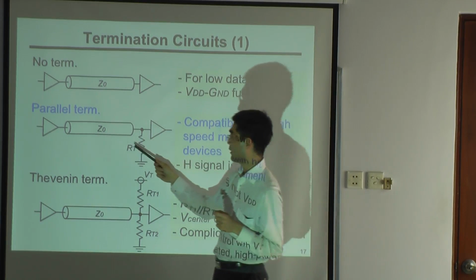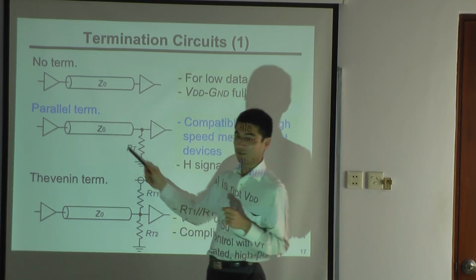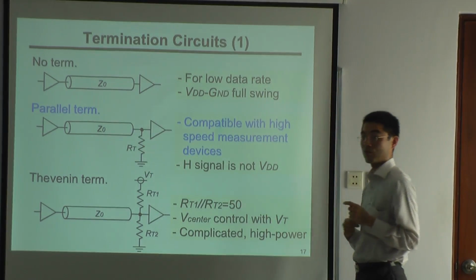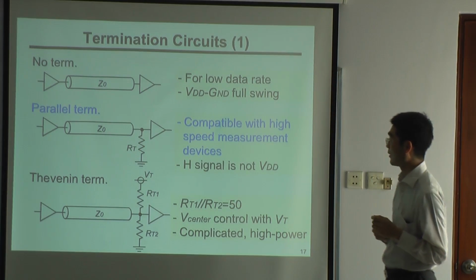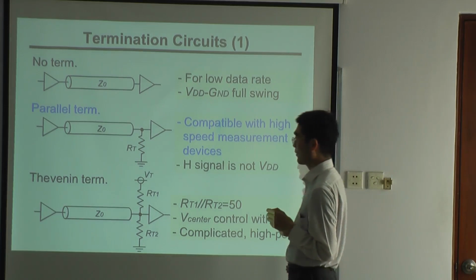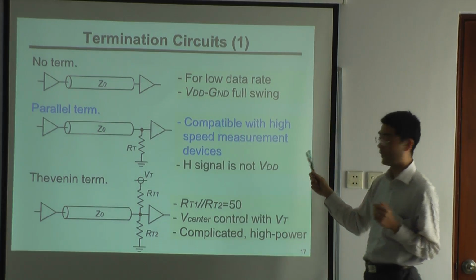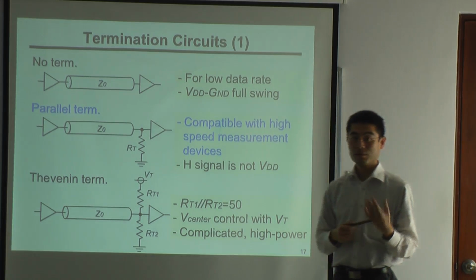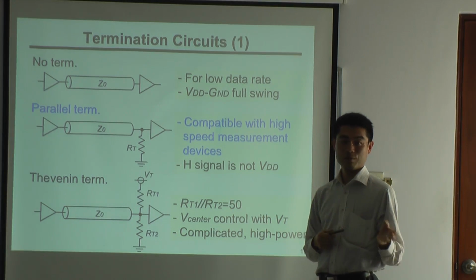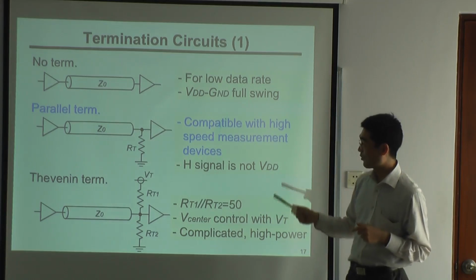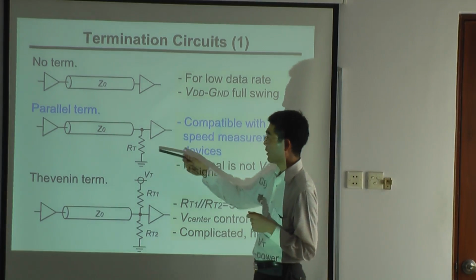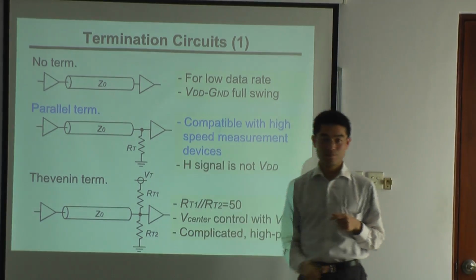And RT is equal to Z0, we call it matched termination. In most high-speed measurement devices like oscilloscopes and spectrum analyzers, which maybe you will use in the future, the oscilloscope input impedance is usually 50 ohm.